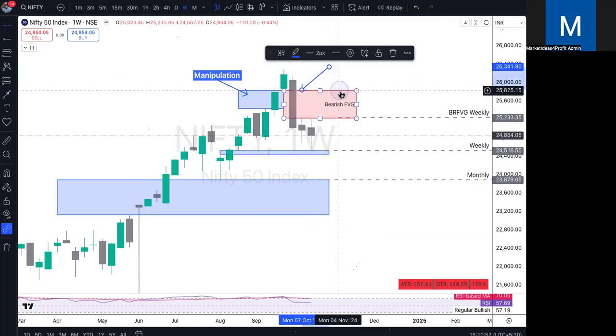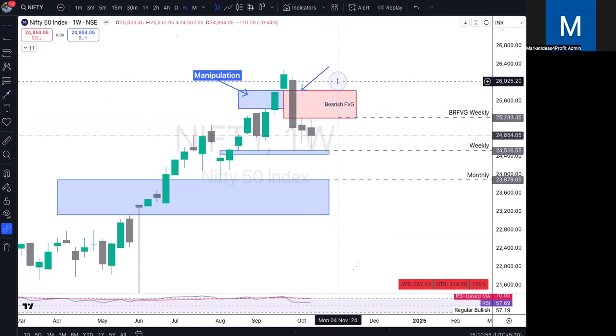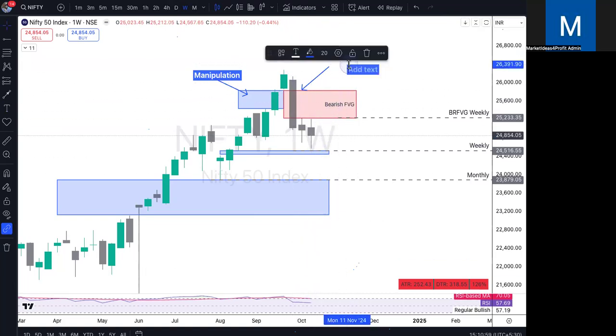Then they create this bearish fair value gap, which is the distribution part of the equation. So here they start to distribute.